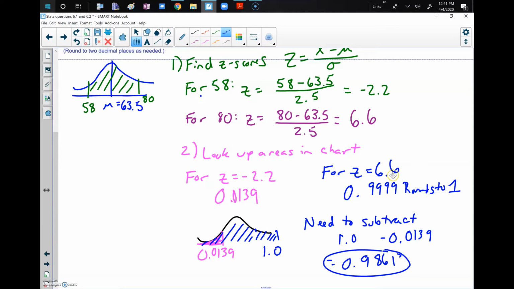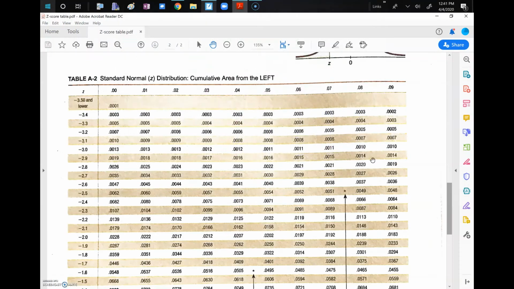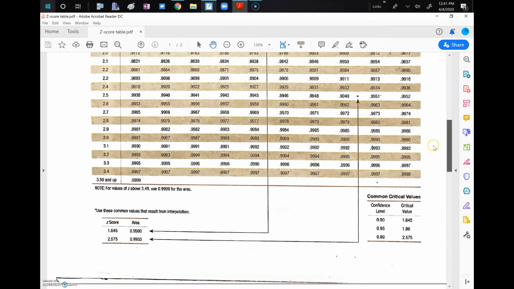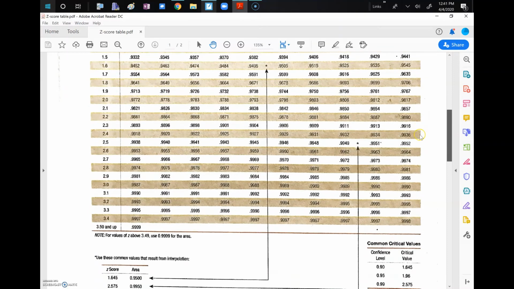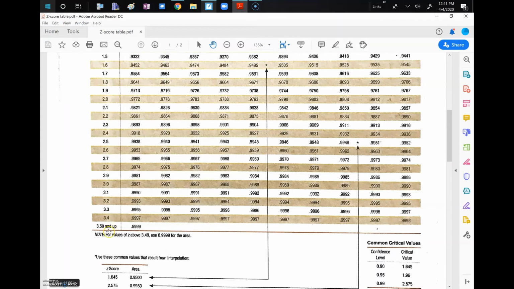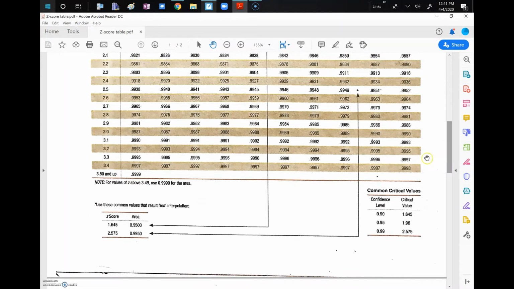Now for 6.6, that's a very large number. So that's actually going to fall off of our chart. So if I scroll up to the positive side, these are values that are positive z-scores, we can see that after 3.5, there aren't any values listed in the chart. And that's because our area is already so close to 1 that we almost consider it to be 1.